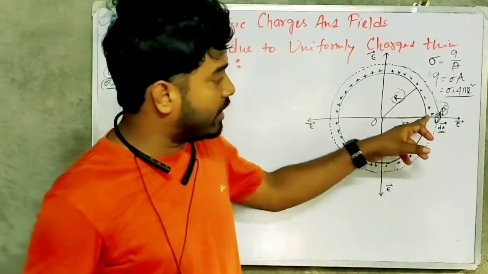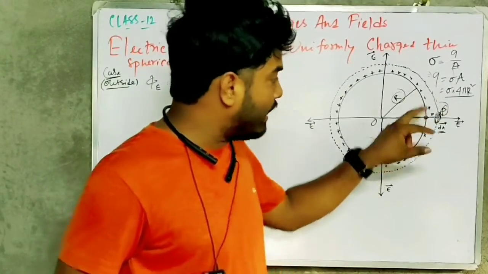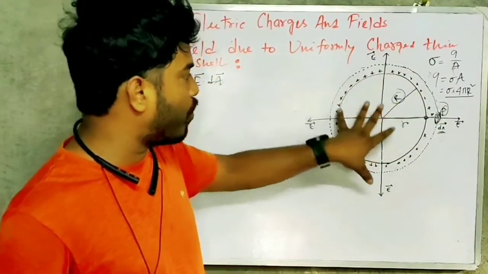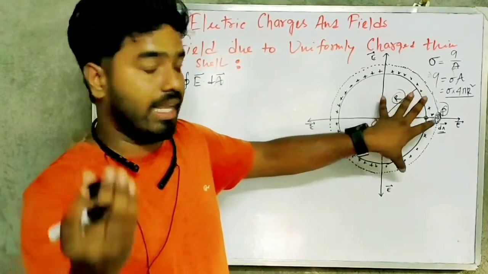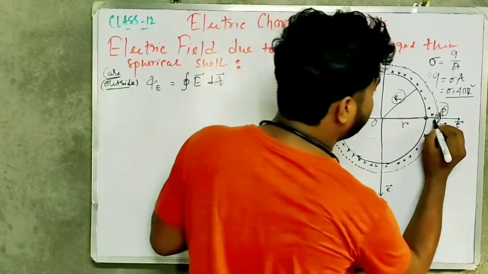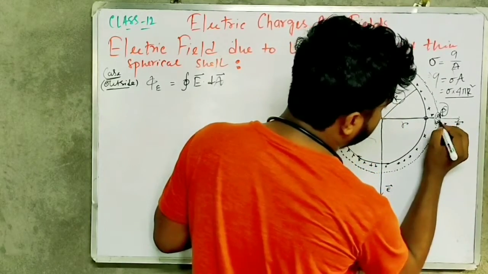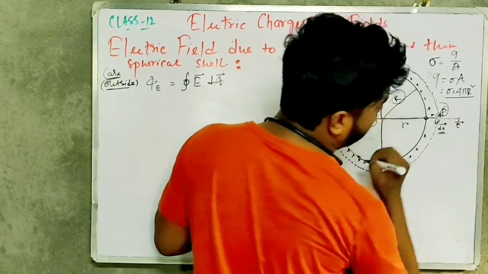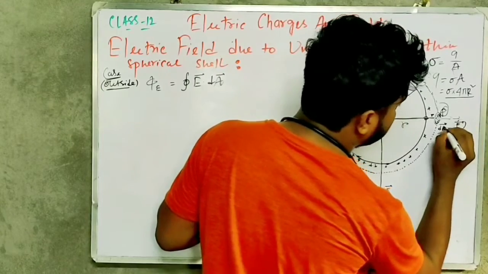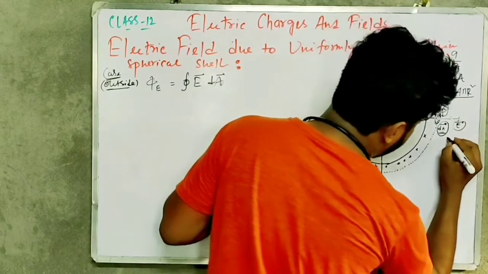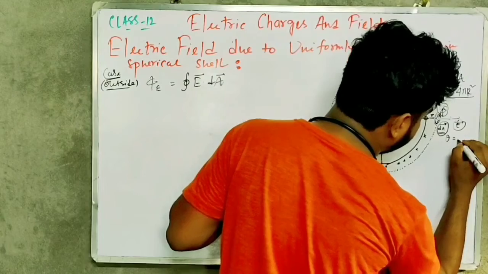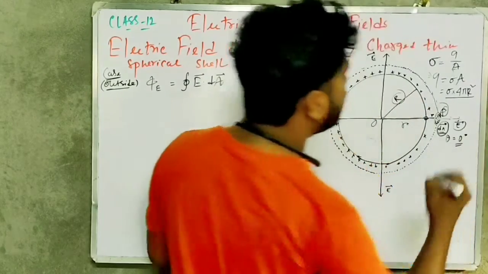This area vector direction is radially outward, and the electric field at every point on this sphere is radially outward. So the direction of E and the direction of dA are the same, that is, theta between them is equal to 0 degree. Clear?